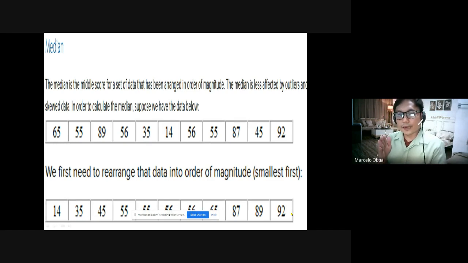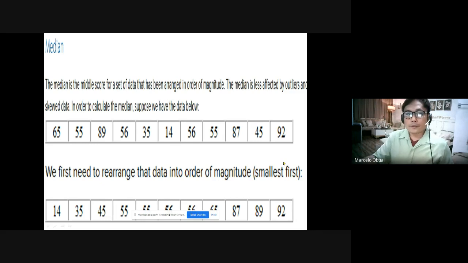If we divide it by 2, we cannot use that formula here. So this is my suggestion: when the number of data is odd, in this case 11, we add 1. The 1 will be our constant as part of our formula.